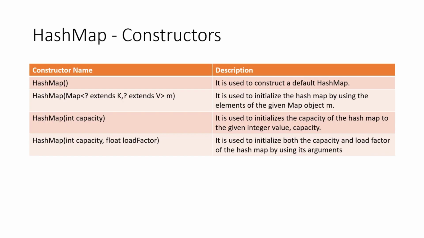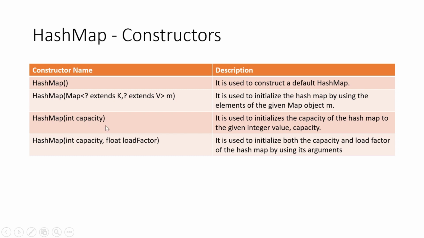Okay, so Java HashMap constructors. By default it is a no-argument constructor, which is used to create the default HashMap. And also, like other collection classes, we can create a HashMap from another map, so it takes a map as input, and we can also specify the capacity.